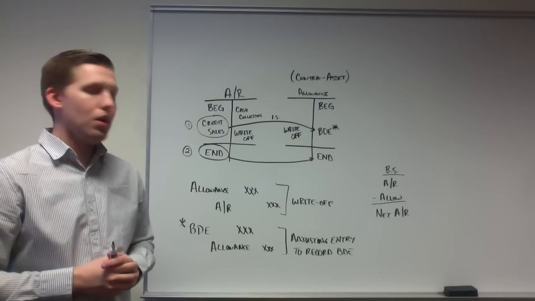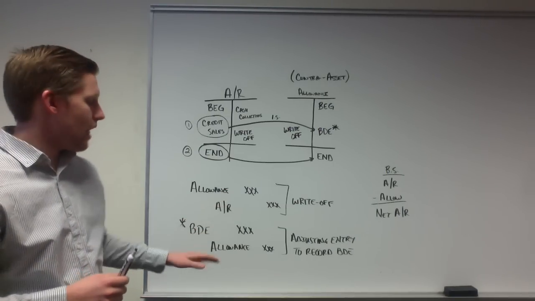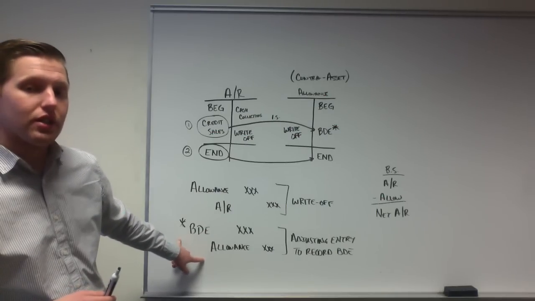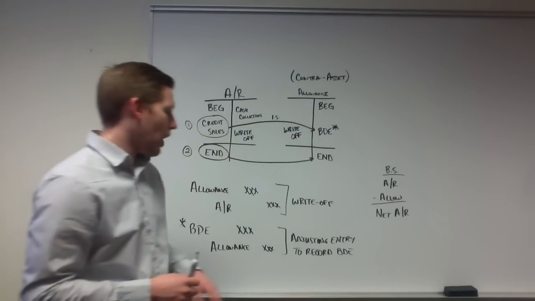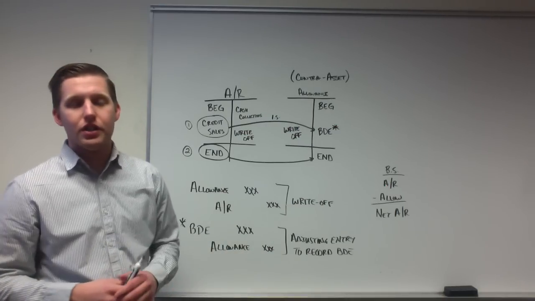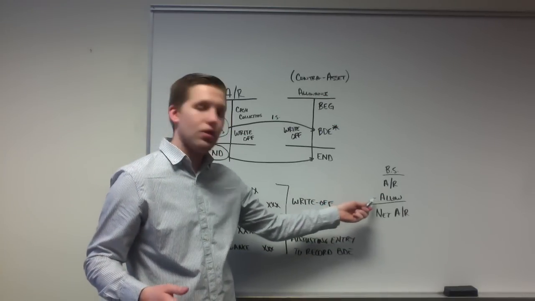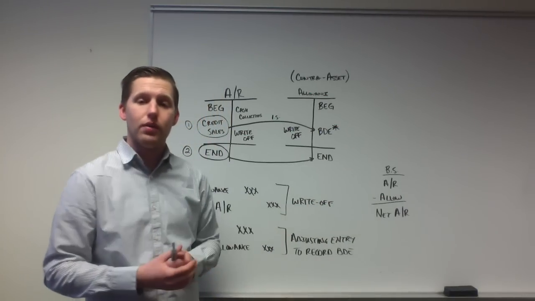So my question for you is, when I set up the allowance here through this adjusting entry to fix the balance sheet, why didn't I just credit accounts receivable? Why didn't I just get rid of the accounts receivable? Why do I have to use this reserve or this allowance account?